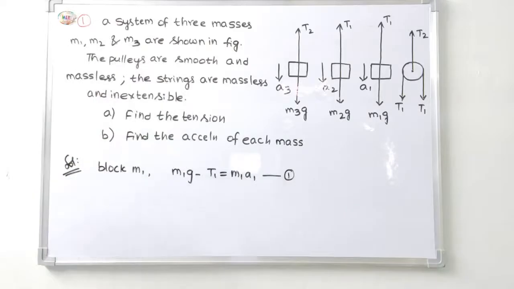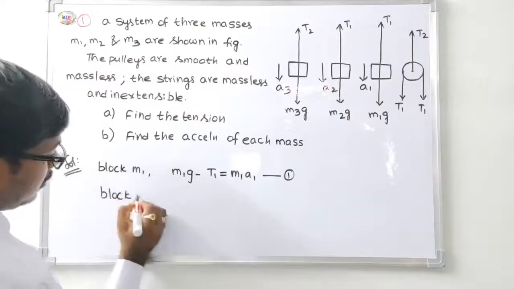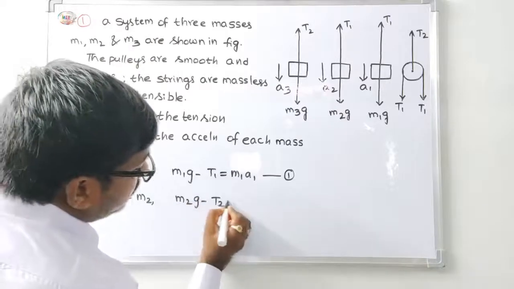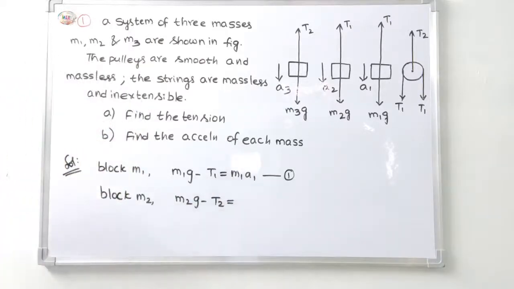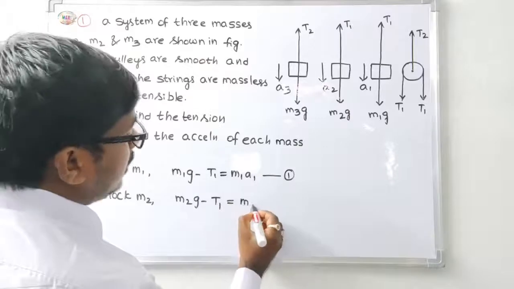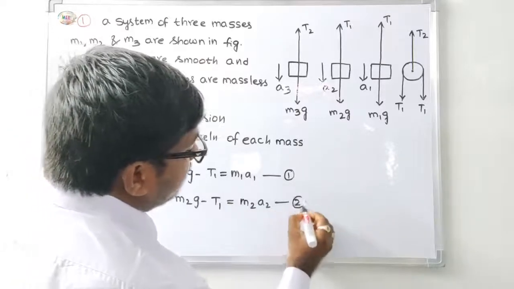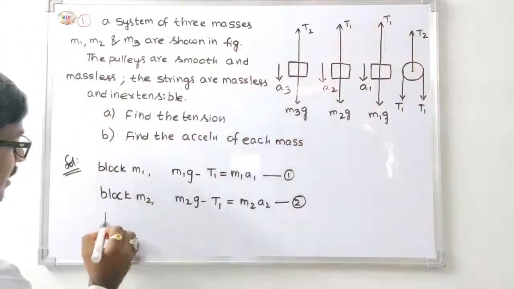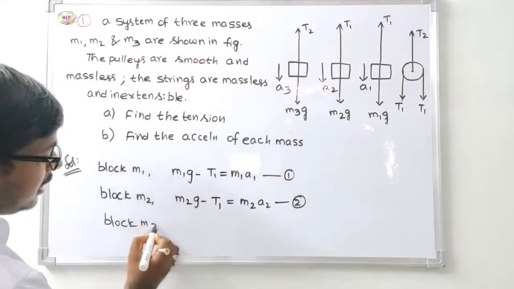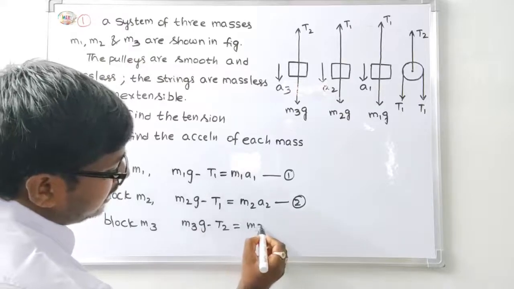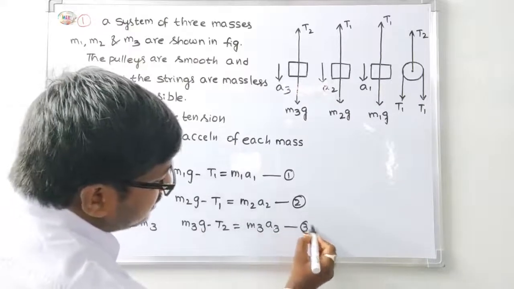Next, take block M2: M2G minus T2 is equal to M2A2. Note T2 is equal to 2 into T1. Then taking the third block, M3: M3G minus T2 is equal to M3A3. This is equation number 3.